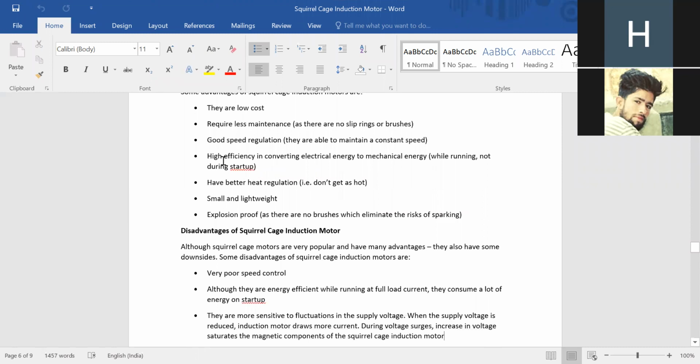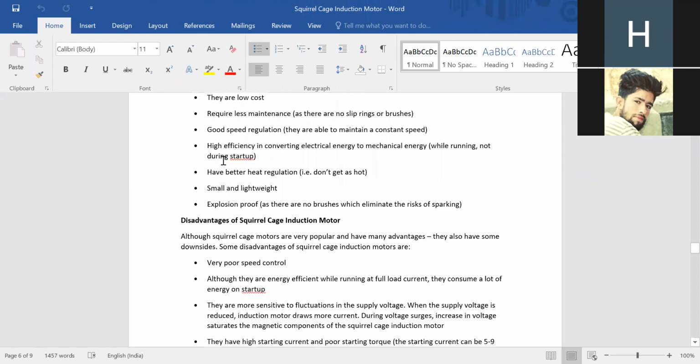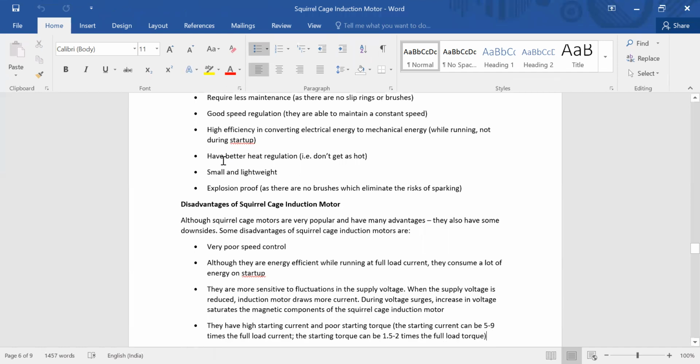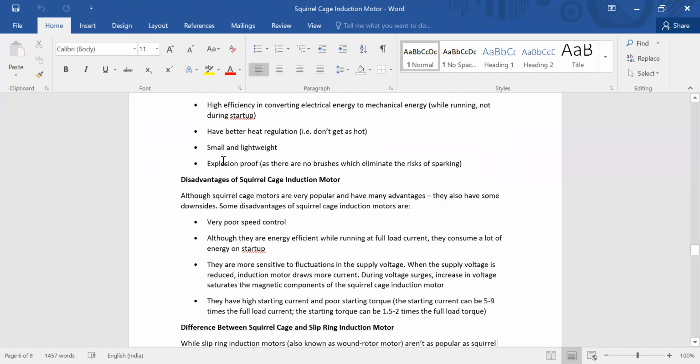It is energy efficient while driving a full load, but at start-up it will consume a lot of energy. They are also sensitive to load fluctuation.